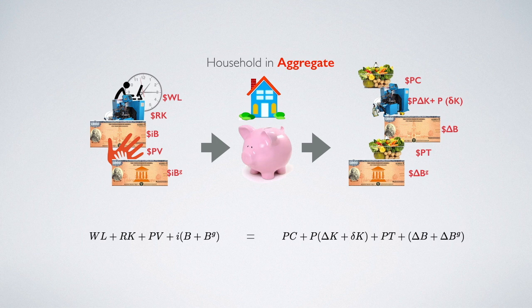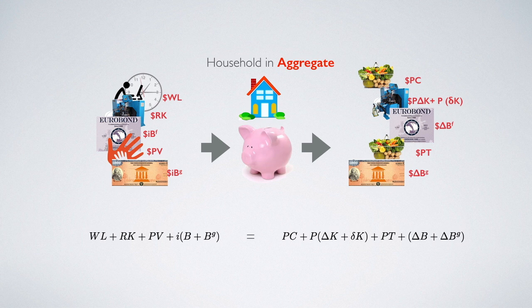The first one is B, which will be replaced with BF, which is the sum of all the bond positions of every household. Following the same reason, delta B will be replaced by delta BF, which is the change of the net international investment position.